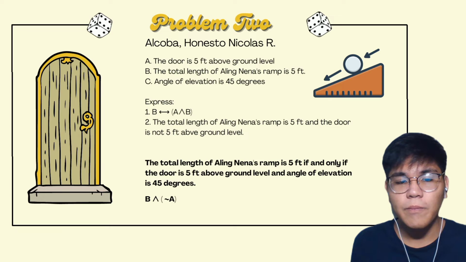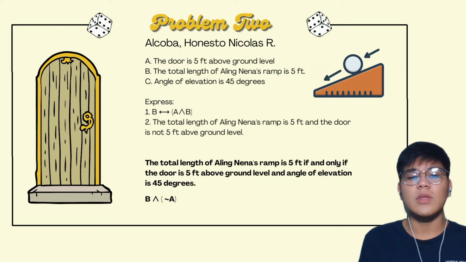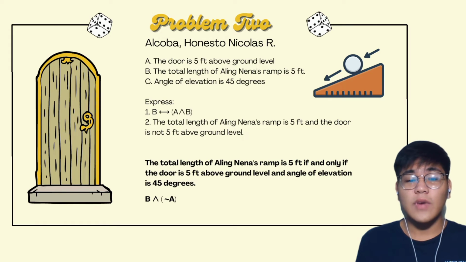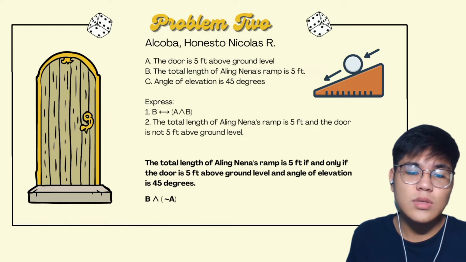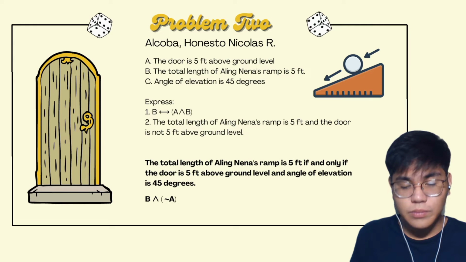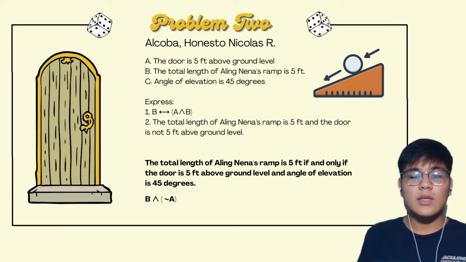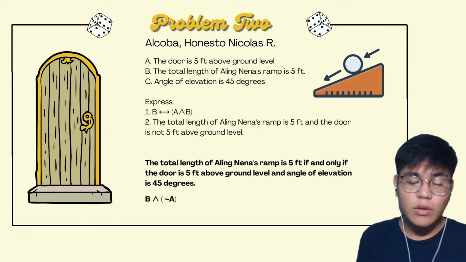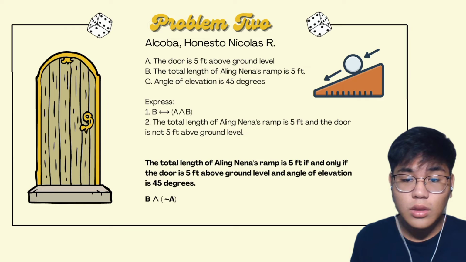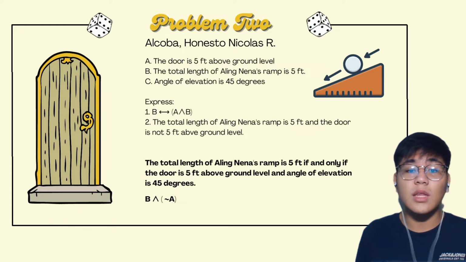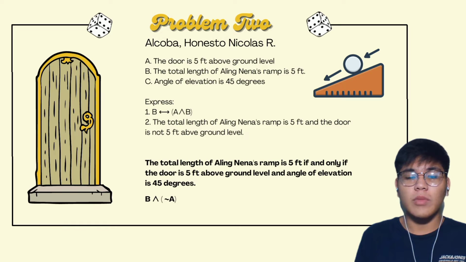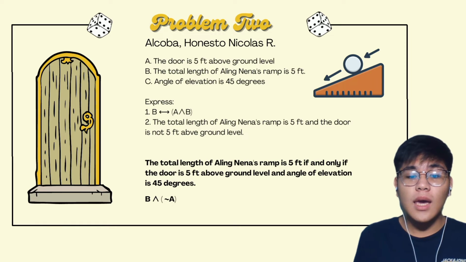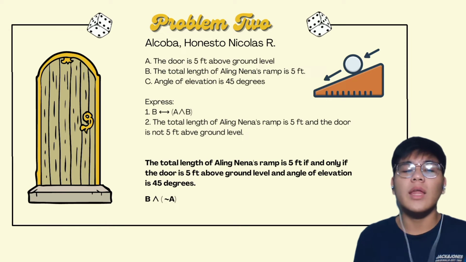For the second one, the given statements are as follows, B and A. So, given that the logical operator used is AND, and the second statement has a not in there, it simply means that there's a negation. So the answer for this problem is B, and with this symbol, and negate A.